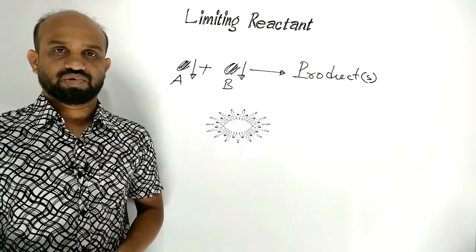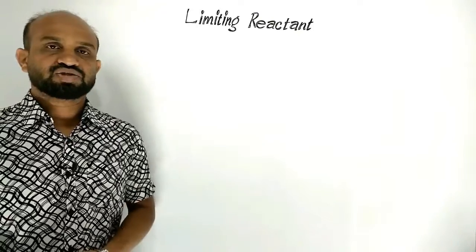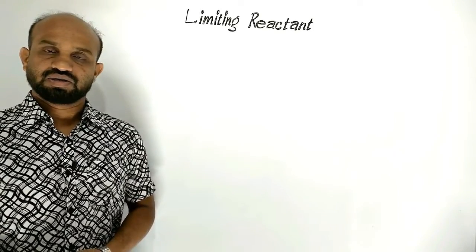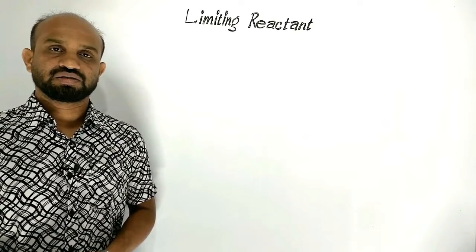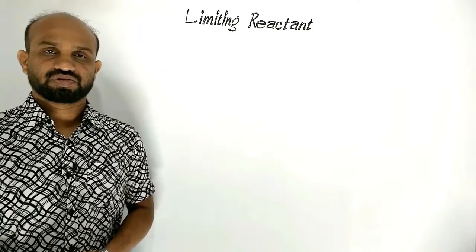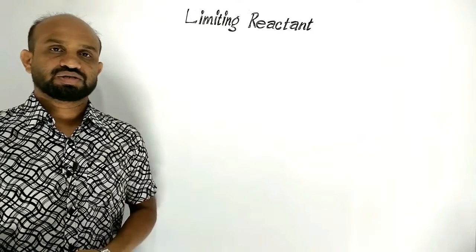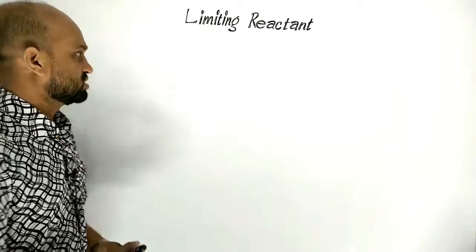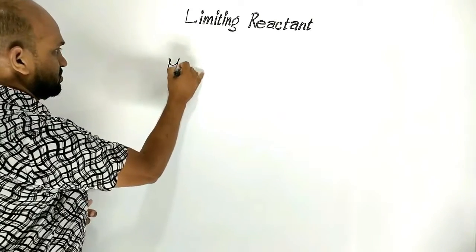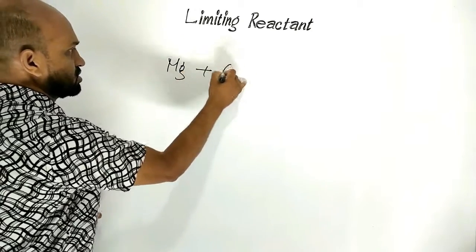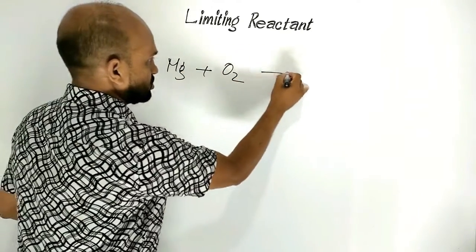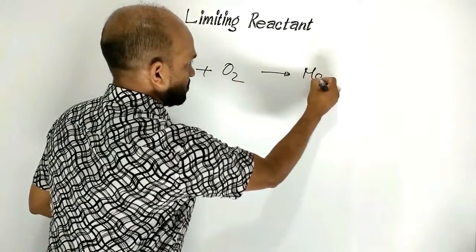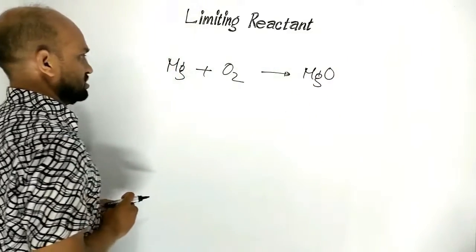Let's see some examples. In the case of limiting reactant, the reaction and its balancing must be known. Let's consider a reaction between magnesium and oxygen. Magnesium reacts with oxygen to form magnesium oxide.